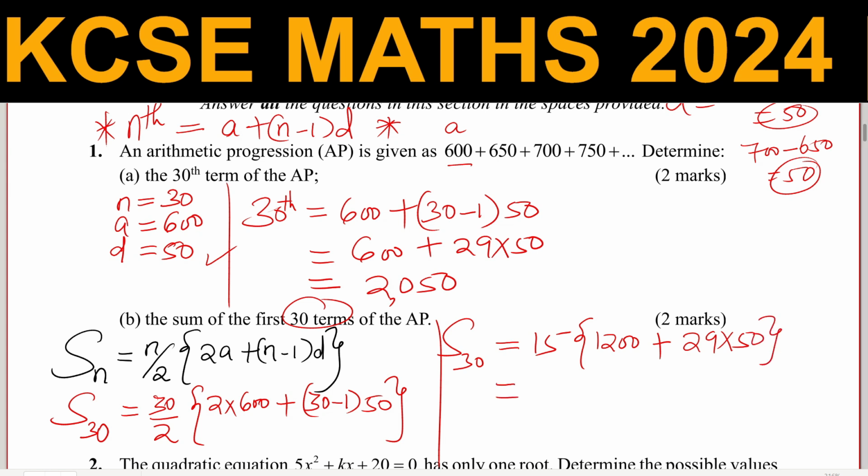Make sure you've done the correct substitution, and when you work this out using a calculator, you get 39,750. That is the sum of the first 30 terms of the AP.